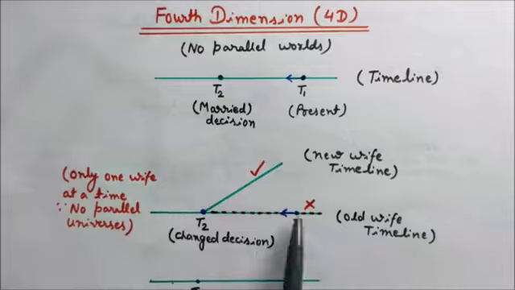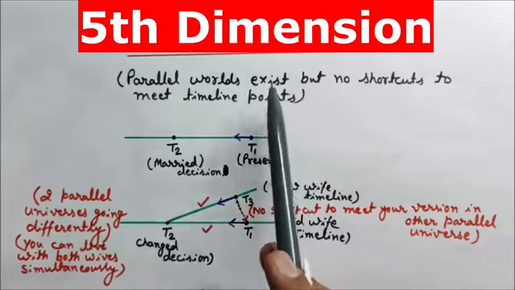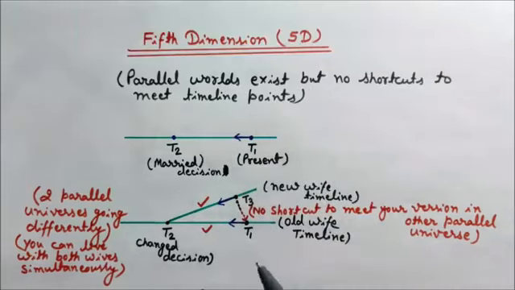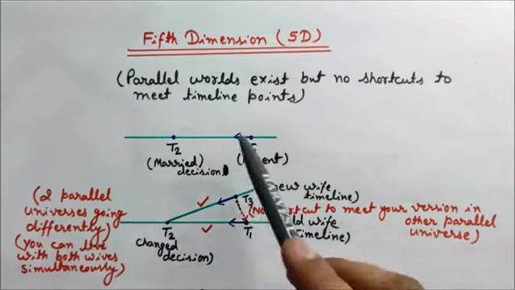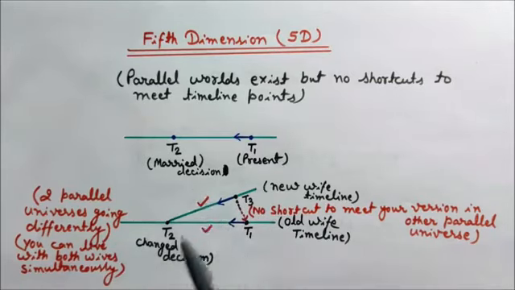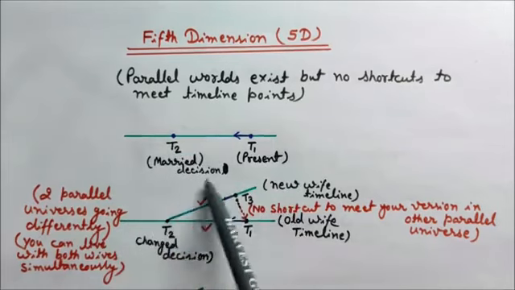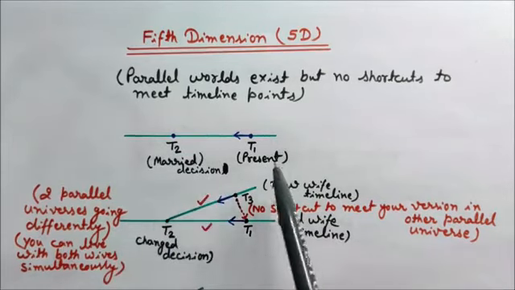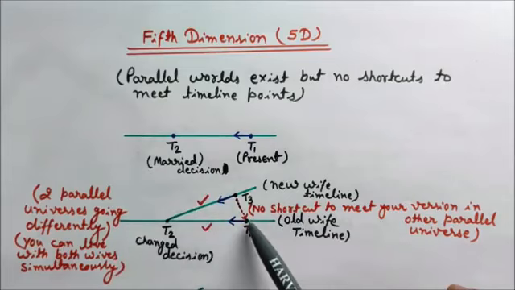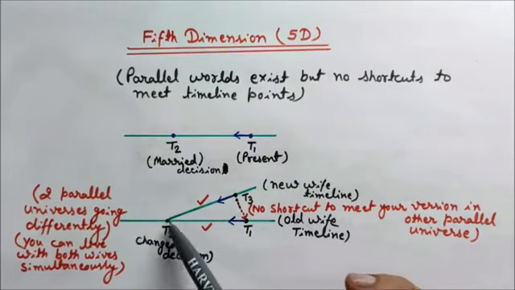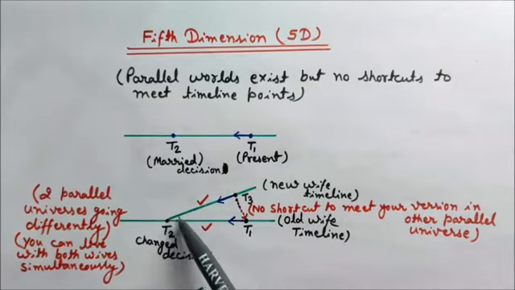Okay, no parallel universes. Parallel worlds exist in the fifth dimension, but one limitation of this dimension, as I have already discussed, is that there are no shortcuts between the timelines. Okay, I will explain. Here is the old example: t1 is the present time, t2 is where we change the decision. And in the fifth dimension, we can go back in time to t2, change the decision of marrying another girl, and we will have our new wife.